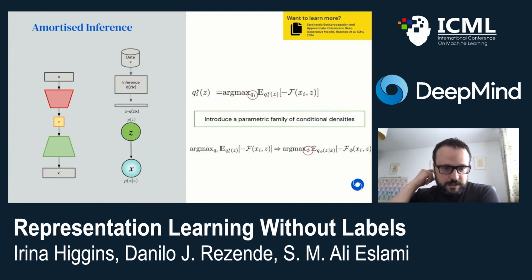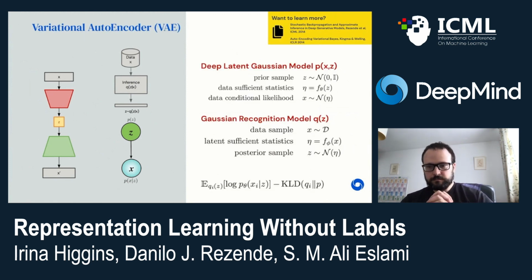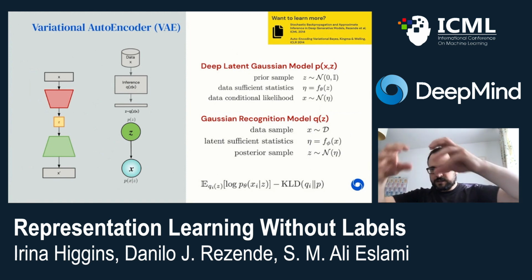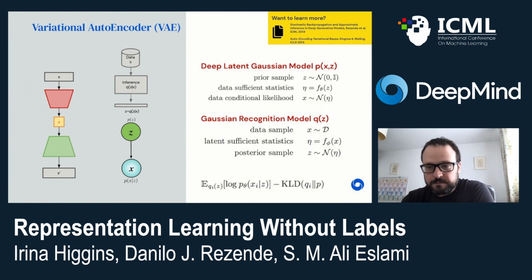In practice, when you put everything together, that's how the problem looks. As I said, once we put the approximate inference together with the generative model, the resulting computational graph looks like the graph on the left. A very simple instantiation of this model was given in the two papers above, and they are defined as having a simple spherical Gaussian at the top and a neural network that takes that Gaussian and transforms it into an image.